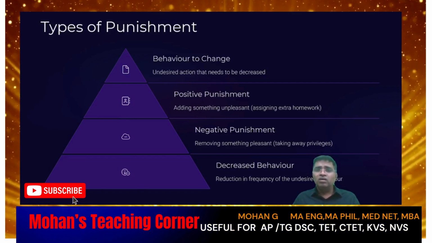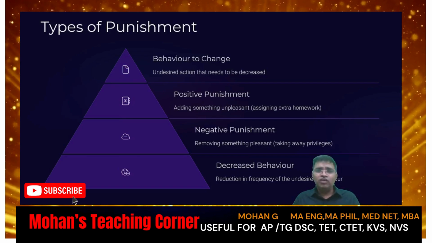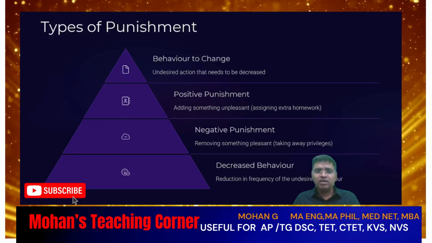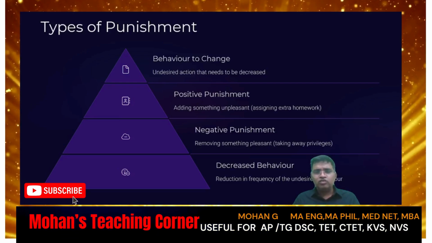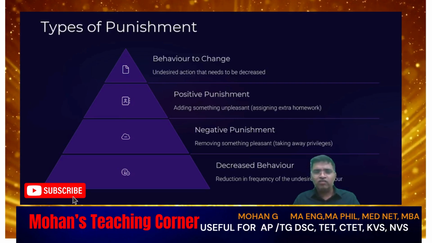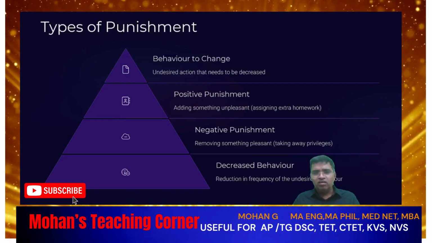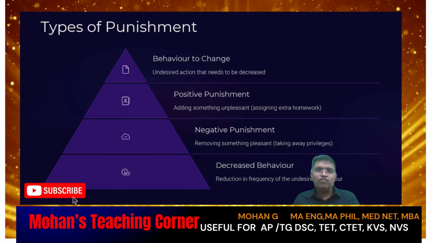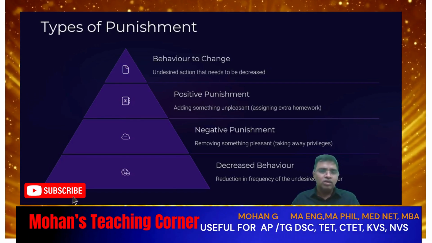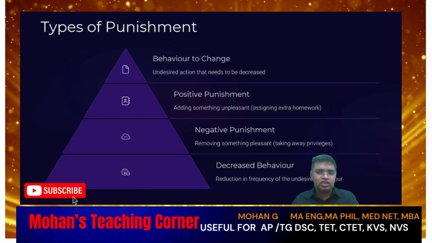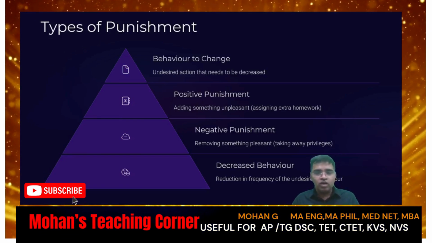Positive punishment is adding something unpleasant, like assigning extra homework. If the student has not done one assignment, give two assignments the next day. In fear of that, he is going to study more. It is a positive punishment.